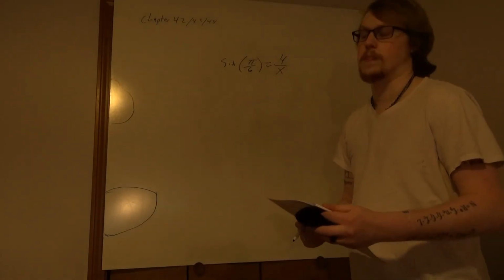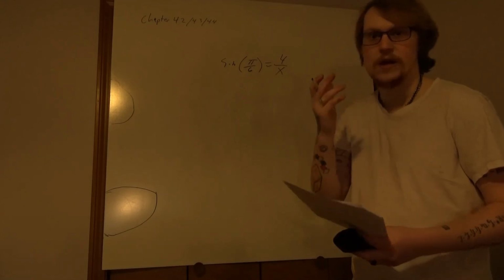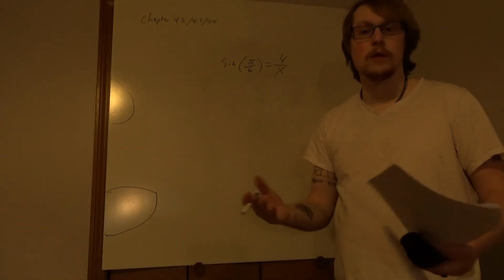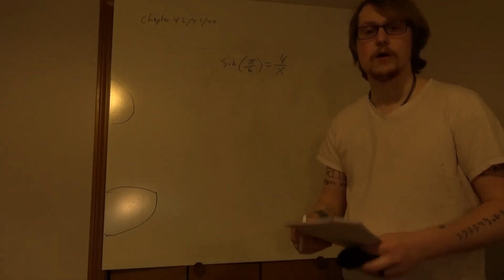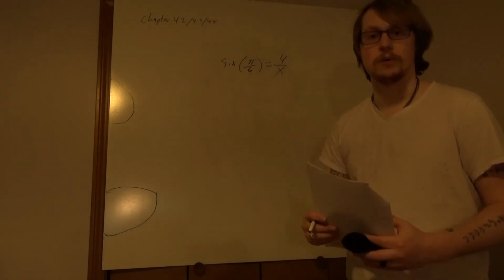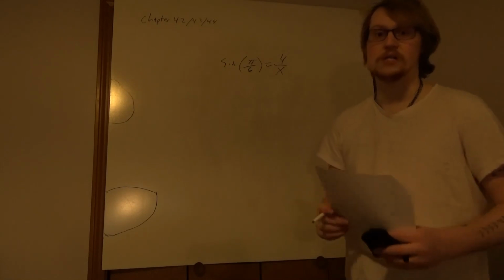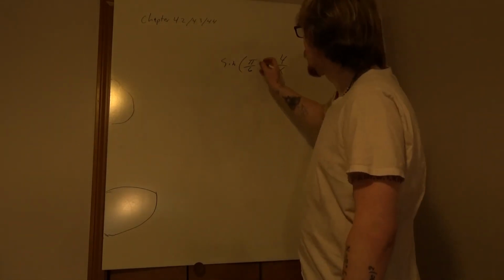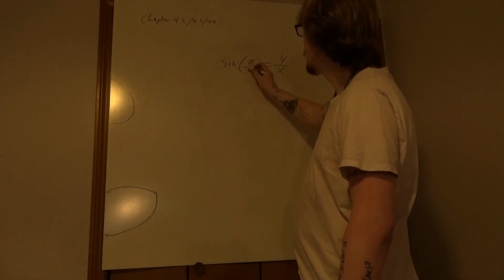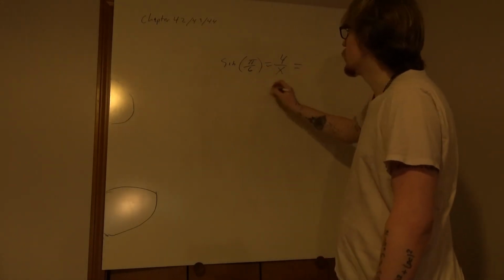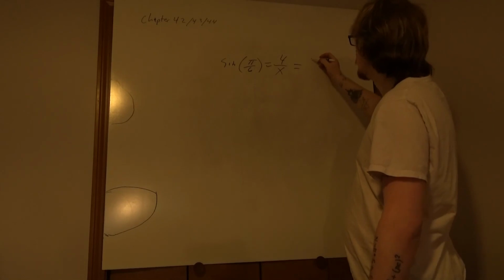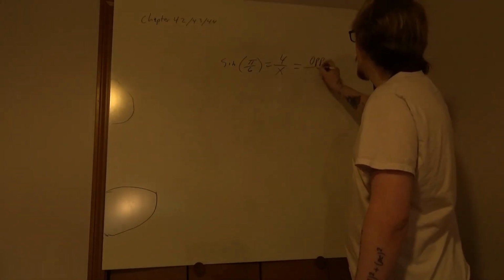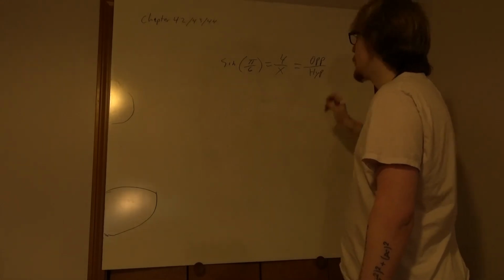It's a general trend in mathematics, but also in engineering and probably anything else that humans have to think about: the first step should always be draw a picture. And in math, especially trigonometry, that is of the utmost importance. So we know we have the sine of pi over 6. We also know the sine of an angle is SOH, so it's opposite over hypotenuse.